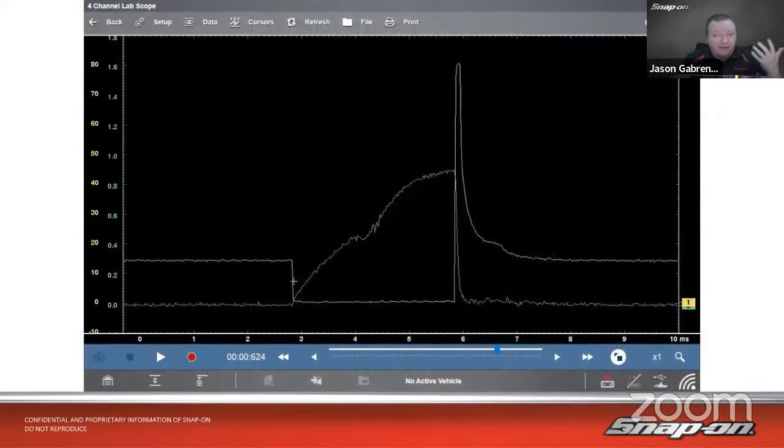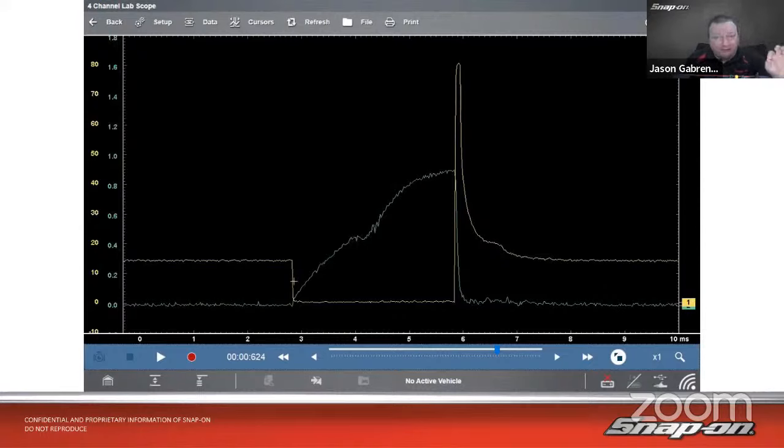If you're here at the very beginning, we talked about this in the pre-roll video, but to reiterate, because not everybody was here: here is a standard gasoline fuel injector, looking at the voltage and the current flow through that injector. A standard gasoline fuel injector is usually powered by a relay, a fuse and relay from the fuse box.